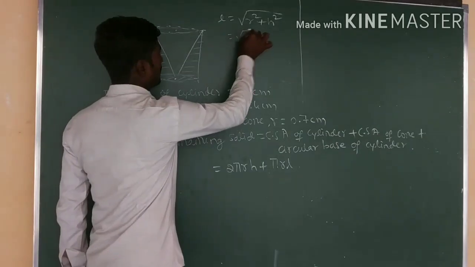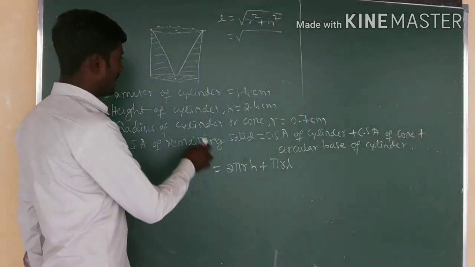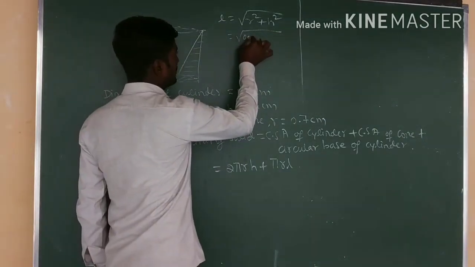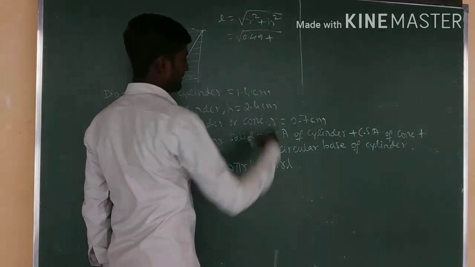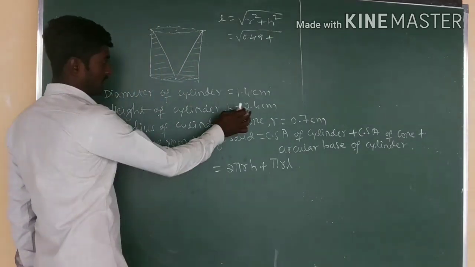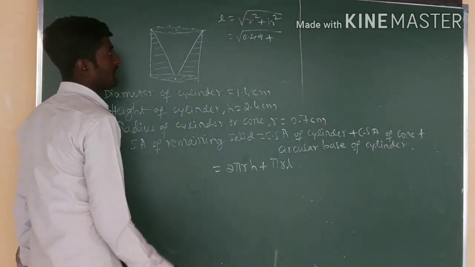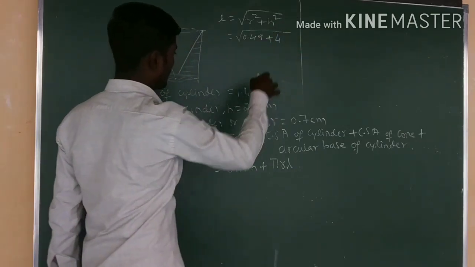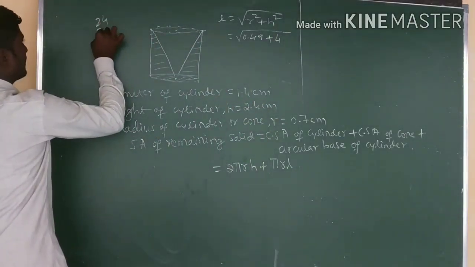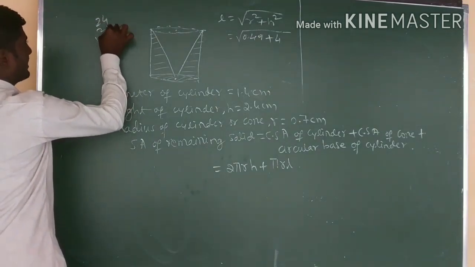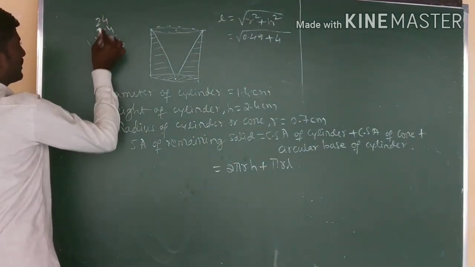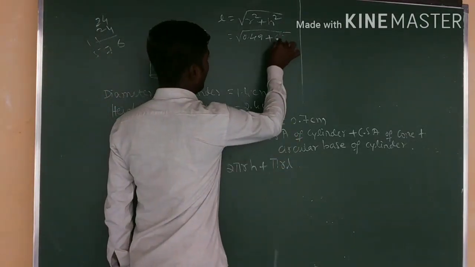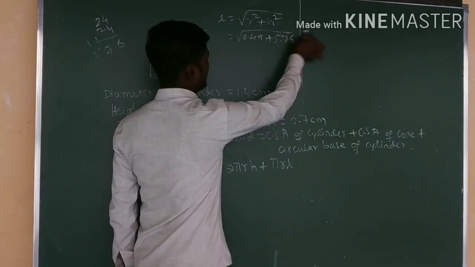So this is equal to root of R square plus H square. R value is 0.7. 0.7 square is 0.49, plus H square. H value is 2.4. 24 squared: 4 fours are 16, 16 plus 1 is 17, 2 fours are 8, plus 1 is 576. So 5.76.